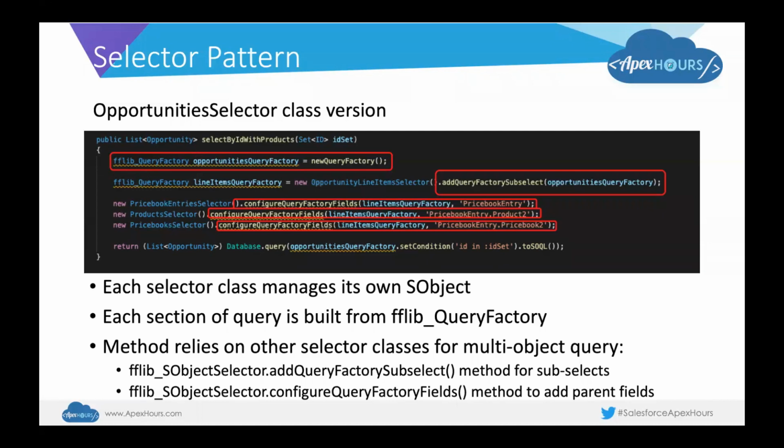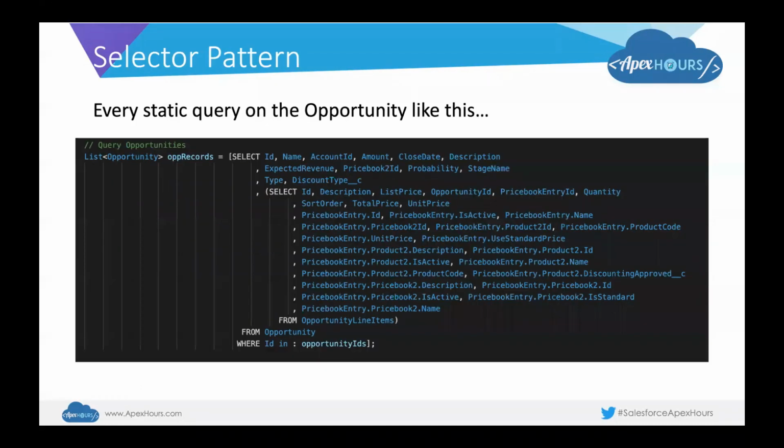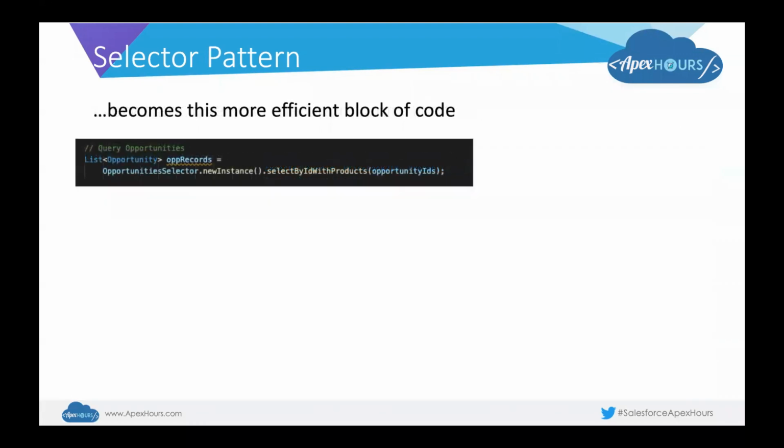So it's a different paradigm than the original, but it simplifies maintenance so much more, and it takes this large query in the service class, and every query that might look like this, and reduces it from this large behemoth down to just this one line.